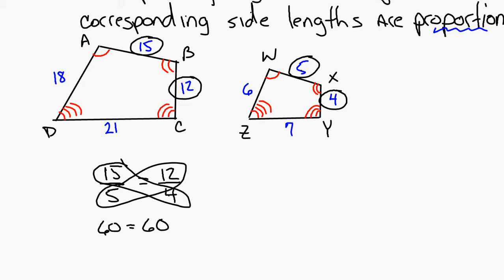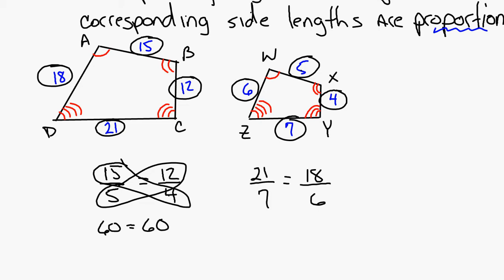Now, the deal is all the corresponding sides have to be proportional. So if 15 divided by 5 equals 3, and 12 divided by 4 equals 3, what does 21 divided by 7 equal? Is that equal to 18 over 6? All of these ratios equal 3. 21 divided by 7 is 3. 18 divided by 6 is 3.